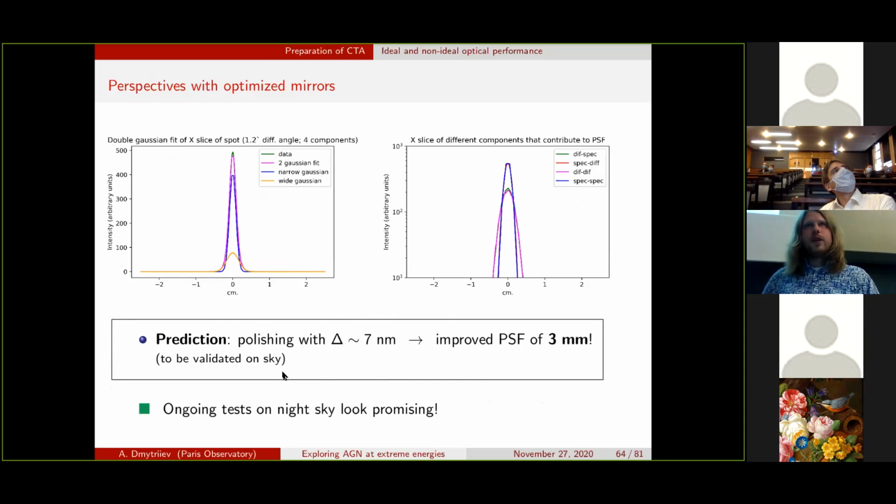It has to be validated on sky, and there were measurements carried out in September this year. The ongoing tests on sky look quite promising, and it appears that 3 millimeters can really be achieved. This fully proves the potential of the GCT and Schwarzschild-Couder design in Cherenkov astronomy.